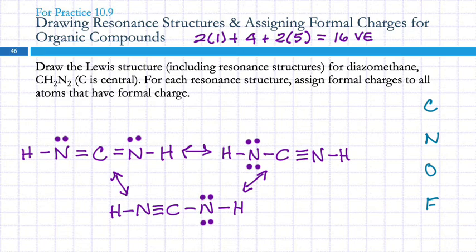So I'm going to draw the Lewis structures just for the individual atoms, and I'm going to put one electron on each side, and then make another round and pair things up if I need to. So that's for nitrogen, 1, 2, 3, 4, 5. Oxygen has 6. 1, 2, 3, 4, 5, 6. And fluorine has 7.